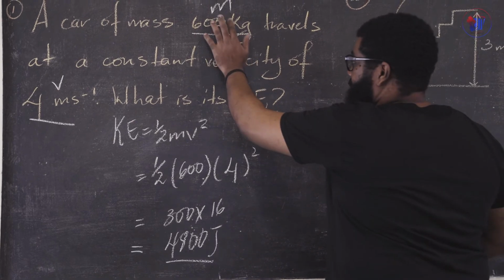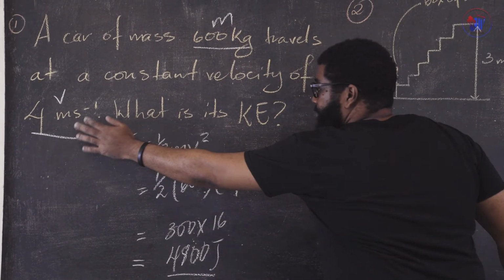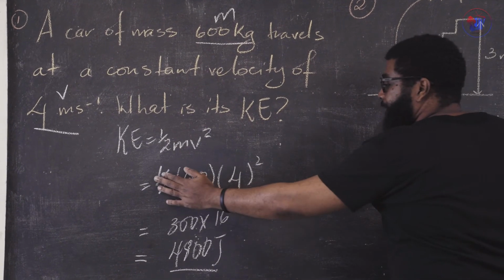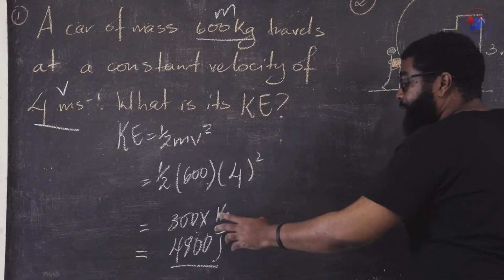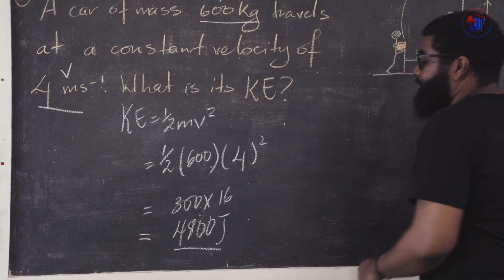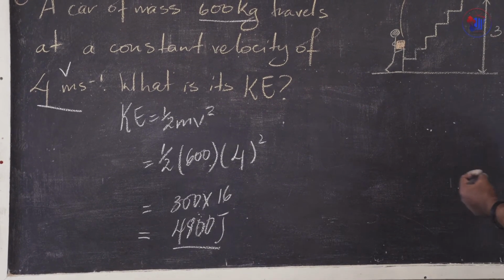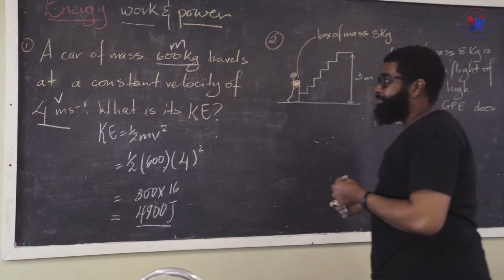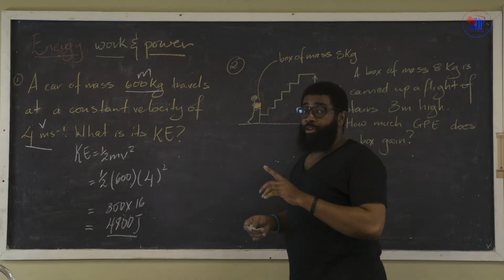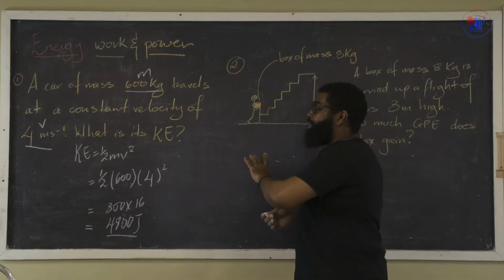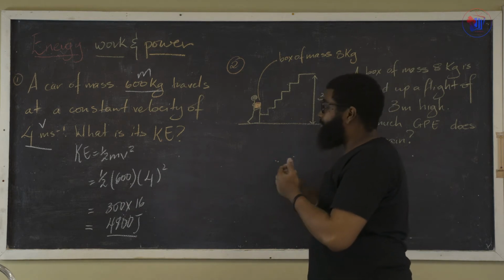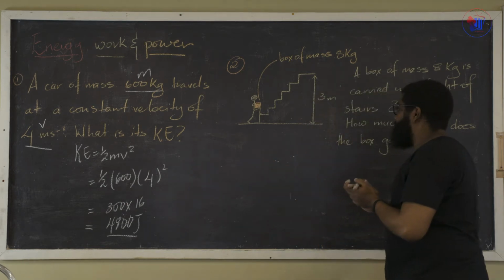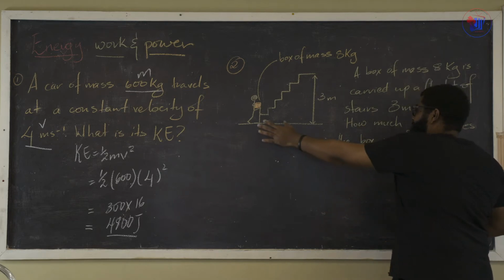Again, mass 600 kilograms, velocity 4 meters per second, half of 600 mass by 4 squared velocity, and you end up with 300 by 16, which is 4,800 joules. And that's it. That's how you use the formula. Please don't think all problems are going to be like this. Not necessarily the case.